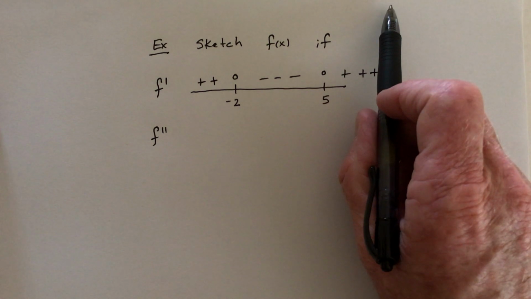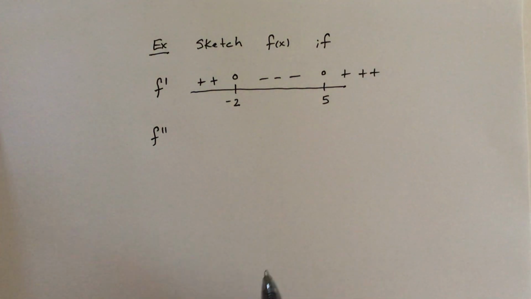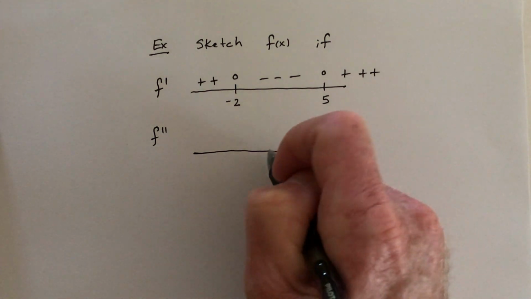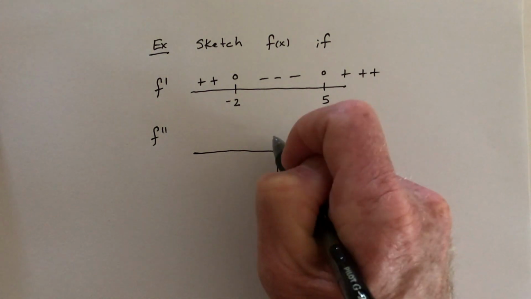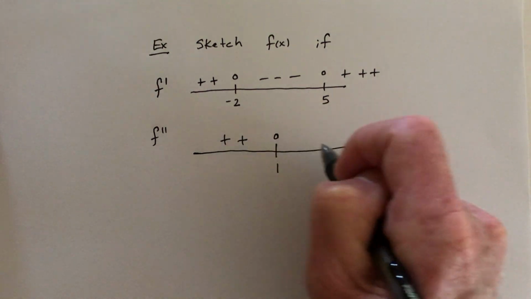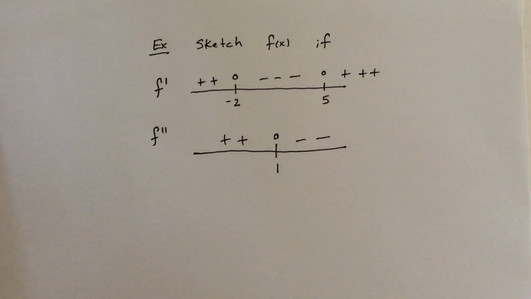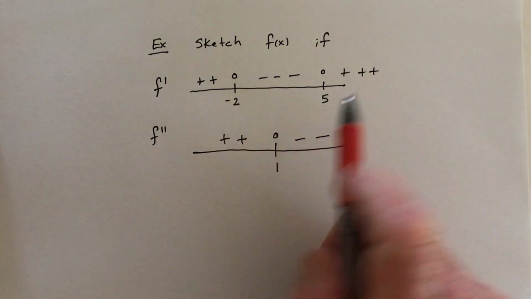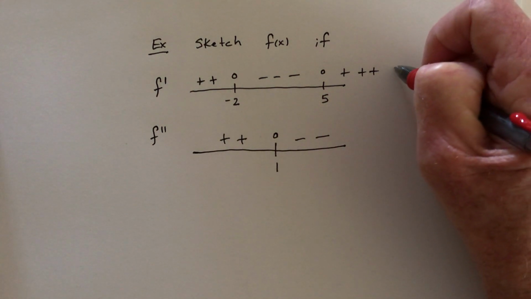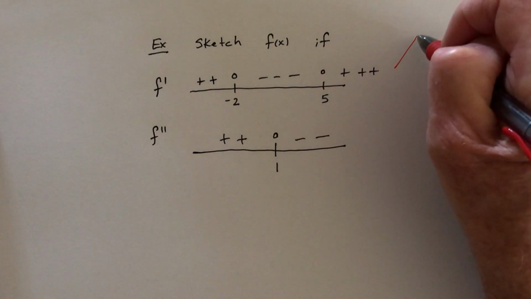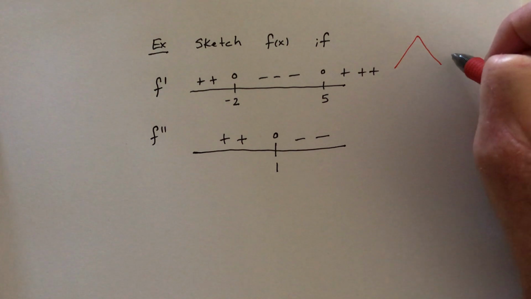I basically just drew it, except there's a little more information, and that is with the second derivative, right here at 1, the second derivative equals 0, and then this is positive and this is negative. So with this information, it means that the graph is going up because of this being positive slope, and then down, and then up.